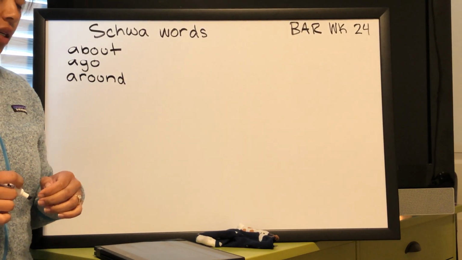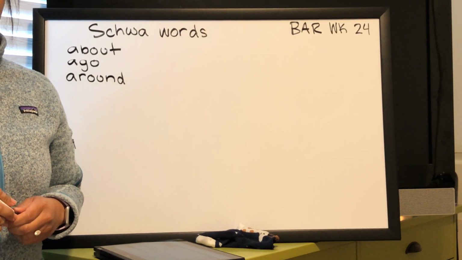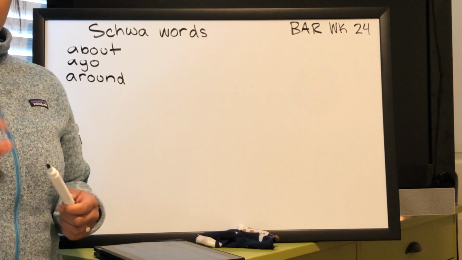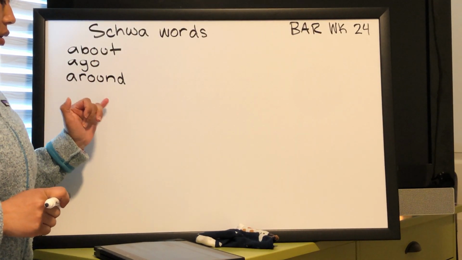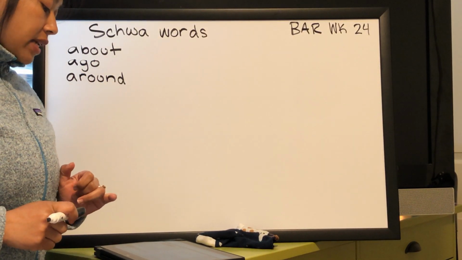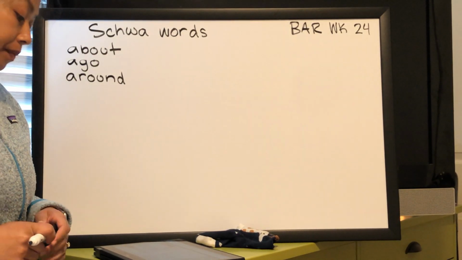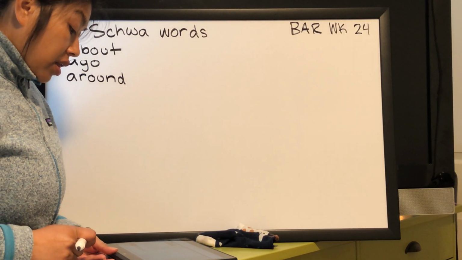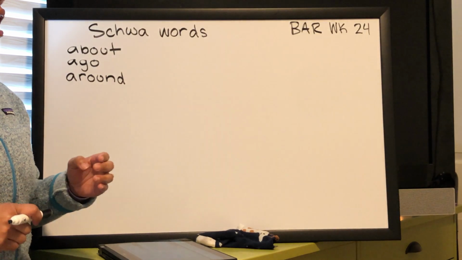You will find these words attached to the email as well as Seesaw labeled week 24 lesson 1. So with about, ago, and around, what vowel sound do you hear in the first syllable? These words are pronounced differently.